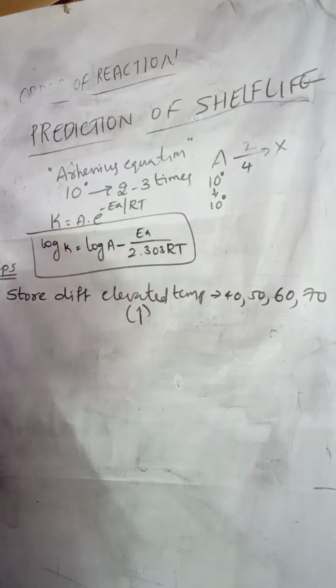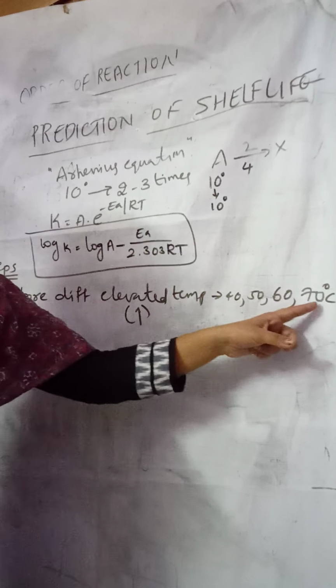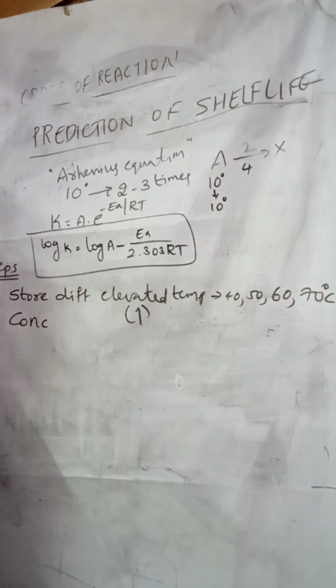Now determine the concentration of that particular dosage form at each elevated temperature. At 40 degrees centigrade, what is the drug concentration in the dosage form? At 50, at 60, and at 70, what is the drug concentration?